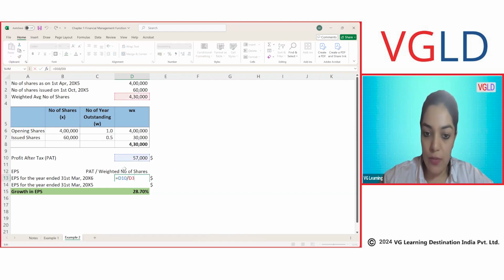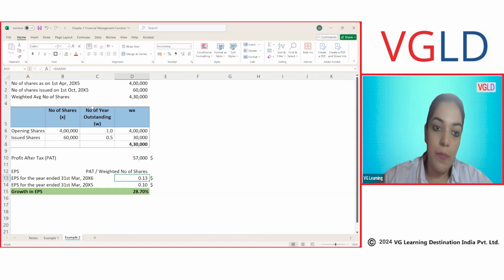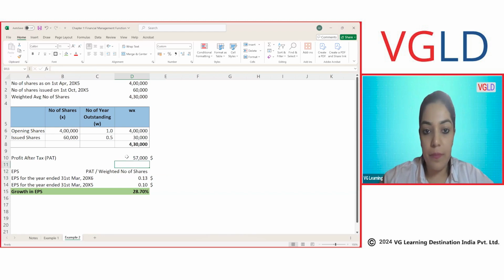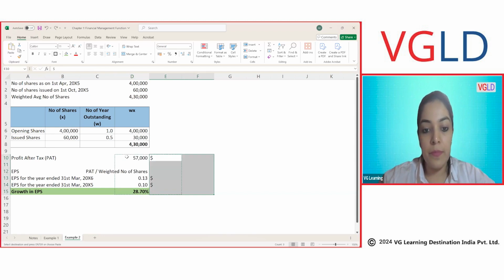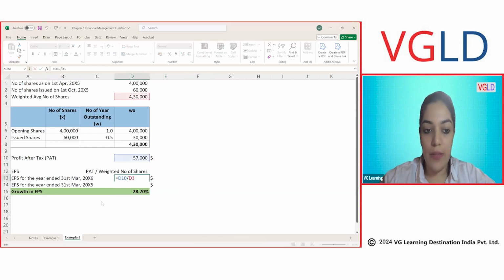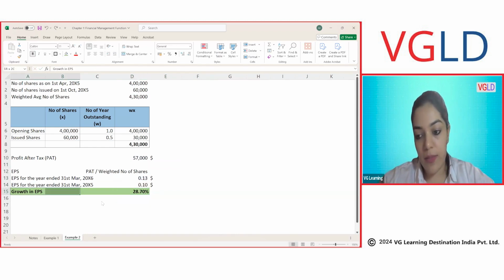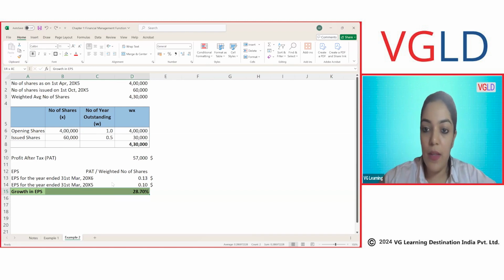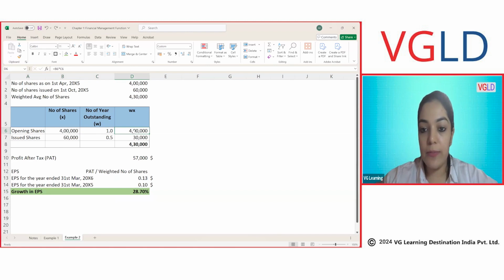PAT, it was given in the question, divided by weighted average number of shares. So this is 57,000 by 4,30,000. And earlier it was 0.103. So the growth is 0.13 minus 0.103 over 0.103. This is your answer. Please confirm everyone if it is fine. Any doubt, let me know.